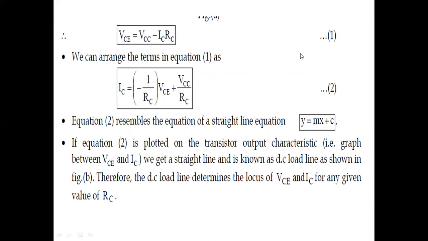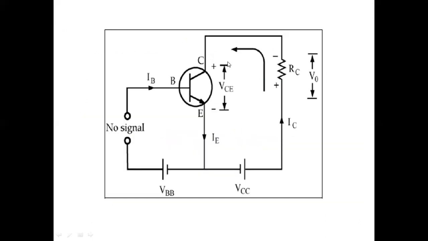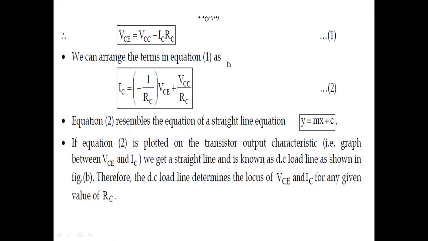Then, rearranging the terms in equation 1, we have to equate for collector current, that is IC, which is equal to minus 1 by RC into VCE plus VCC by RC. Take this as equation number 2.